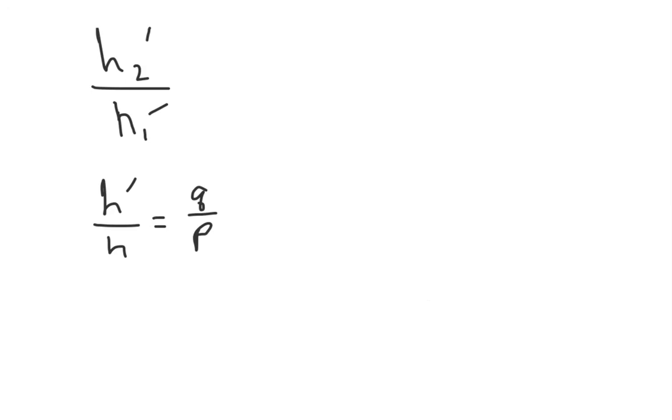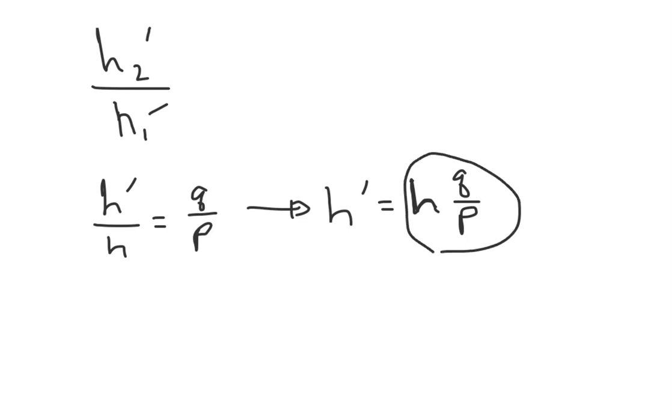We have H prime in here, and you're saying, hey, why not use Q and P, right? Oh, okay. So solve this for H prime, which means H prime is going to be equal to H times Q over P, right?